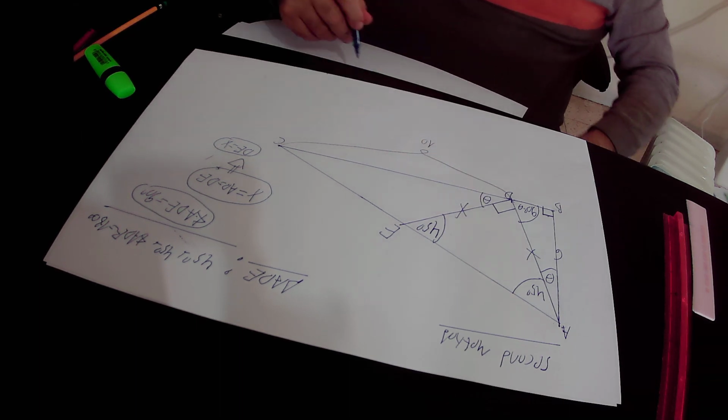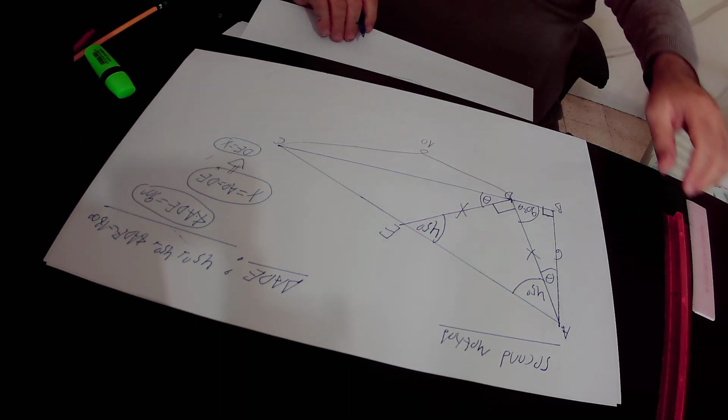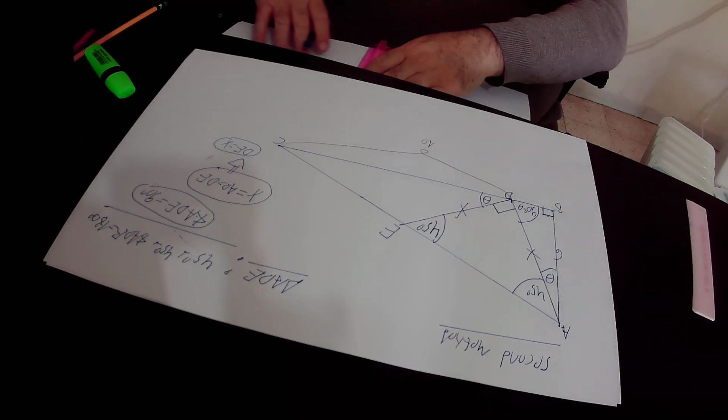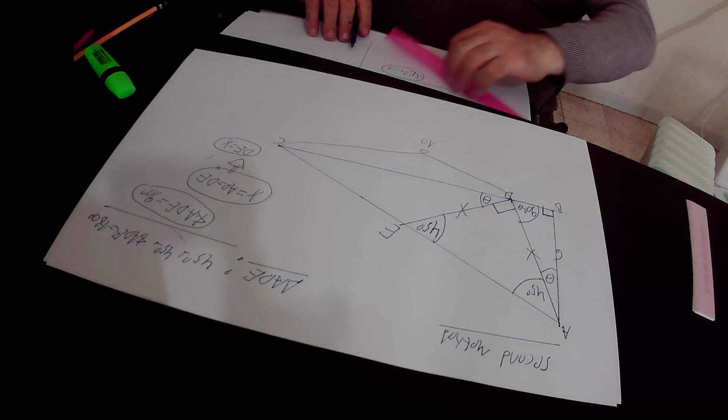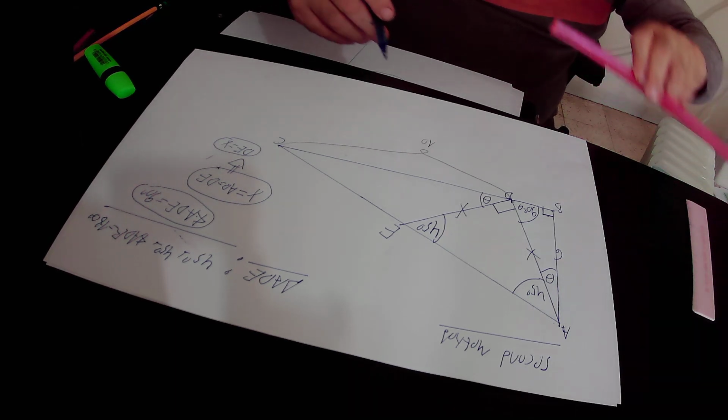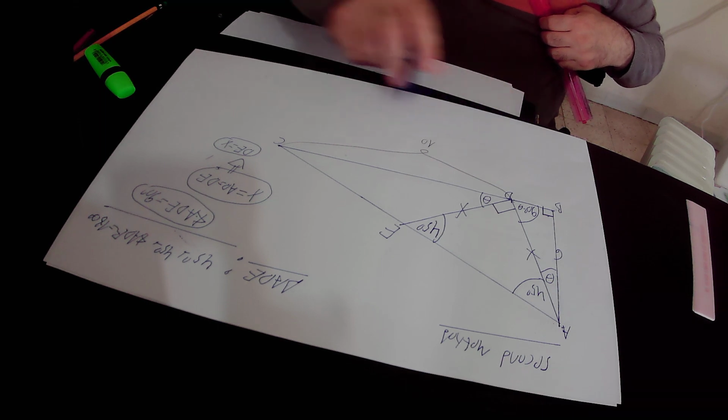In the next step, we'll make a construction from point E. We will go perpendicular to BC.